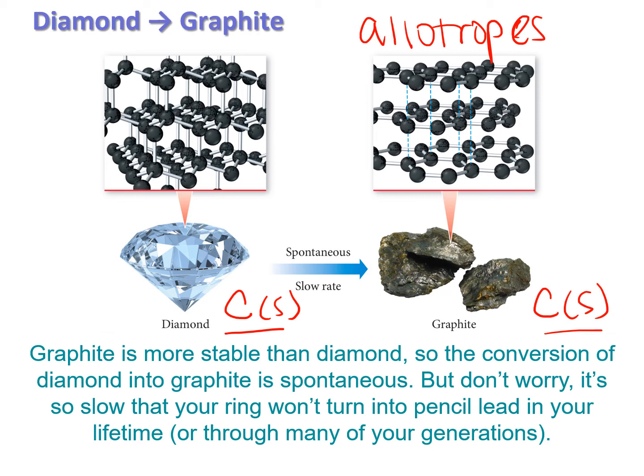But overall, diamond turning into graphite is spontaneous. It happens on its own. So imagine you have a diamond ring and then one day you look at it and it turned into graphite. Well, this can actually happen. But the thing is, it's very slow.